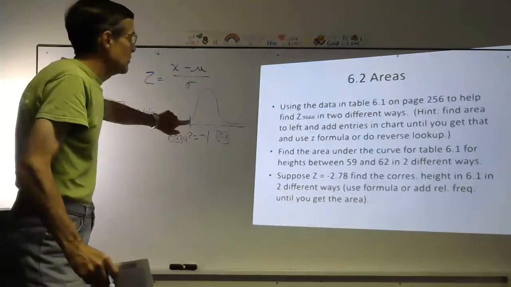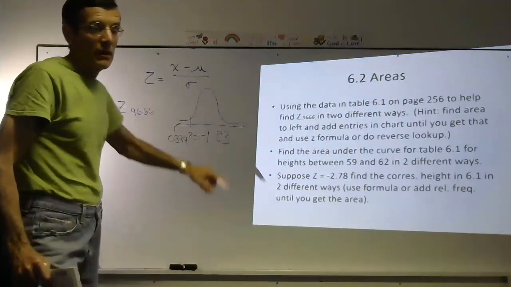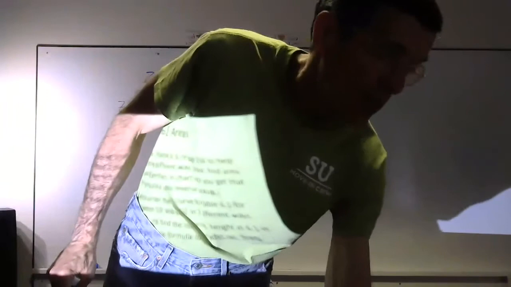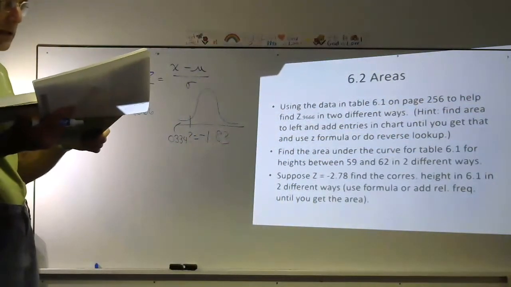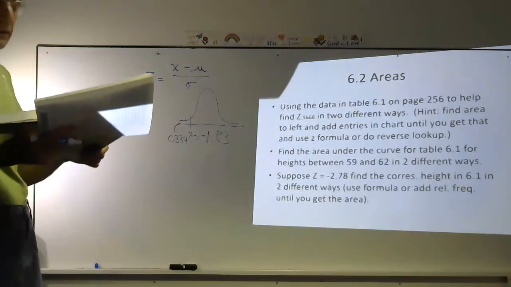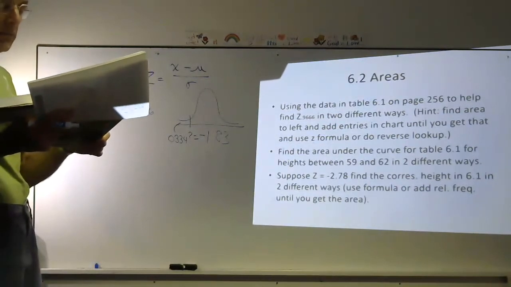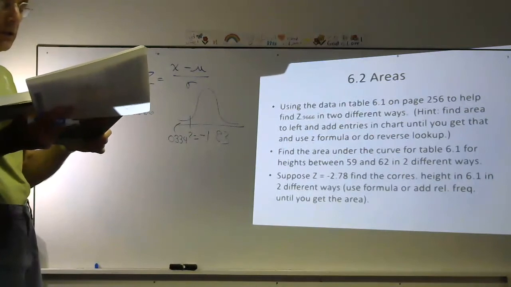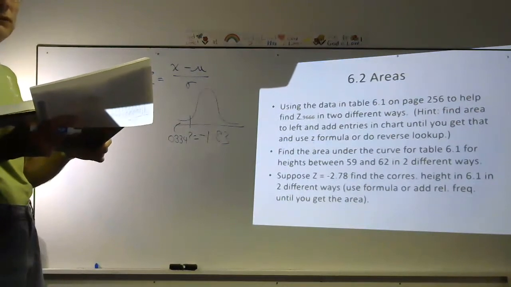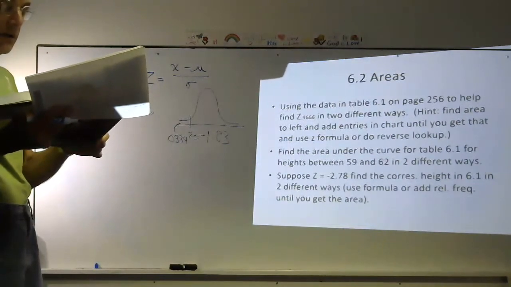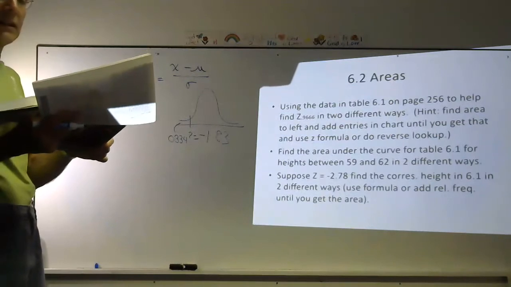Another way you could do it: 0.0334, since we know it's to the left of the data. If you look on page 256 in your book, we know they're right at the beginning of the data. You can add 0.0009, 0.0018, 0.008, 0.0227, add those up, and you get 0.0334. So I know I'm at 60 and under.